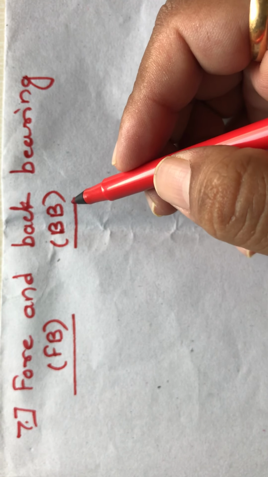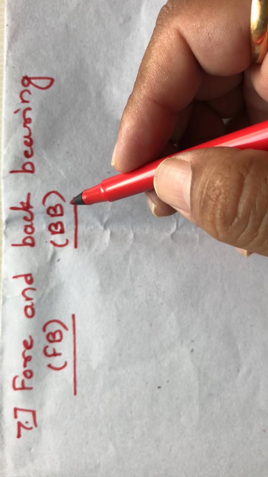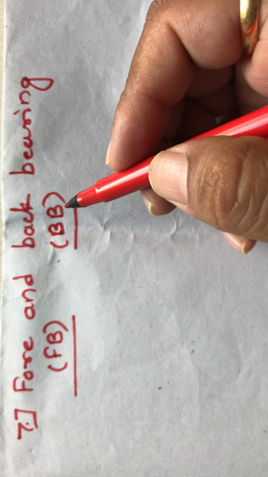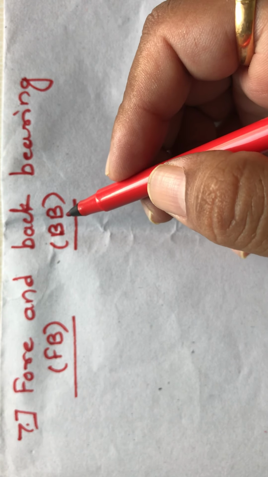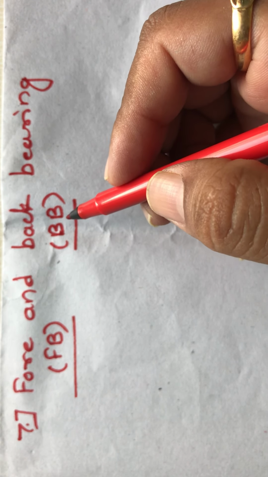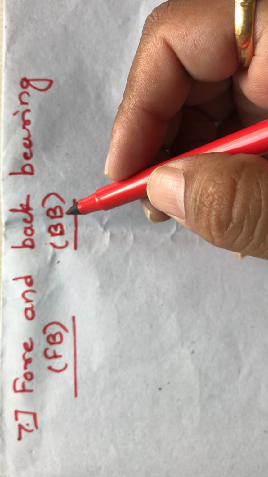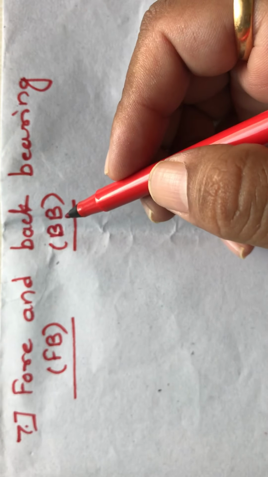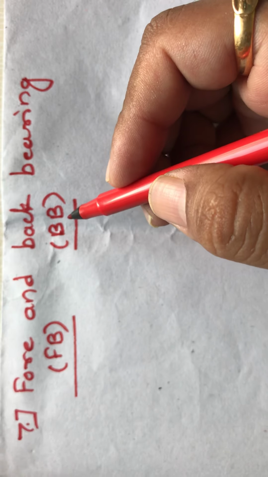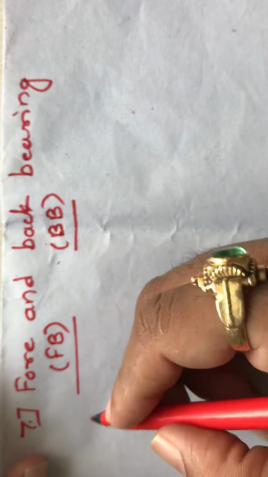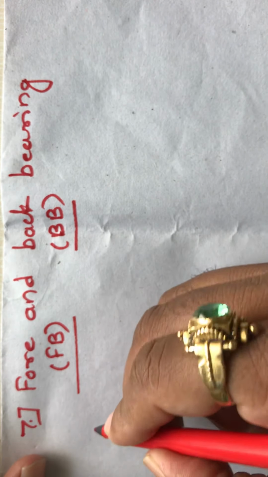Okay, so these are very simple. The bearing of a line measured in the direction of the progress of the survey is called the fore bearing.